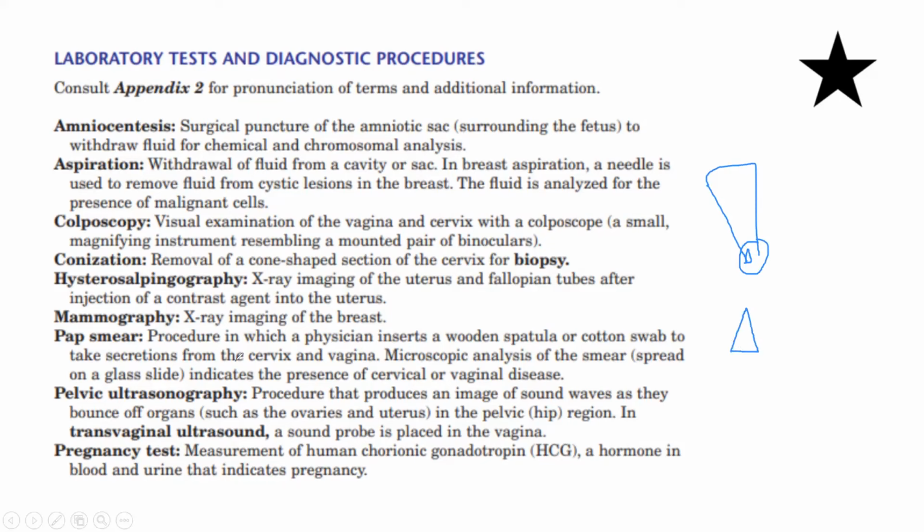Then we have hysterosalpingiography. So we have tubes here, fallopian tubes on both the sides, and the uterus, and here we have the vagina.